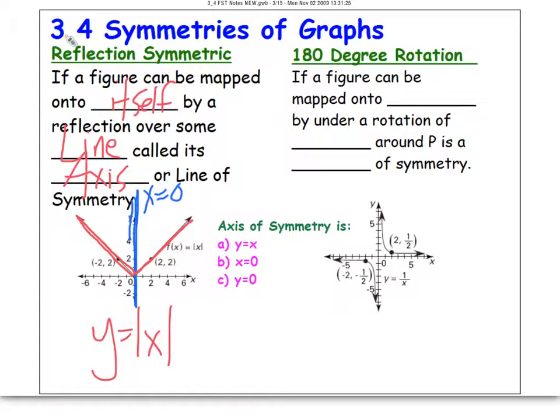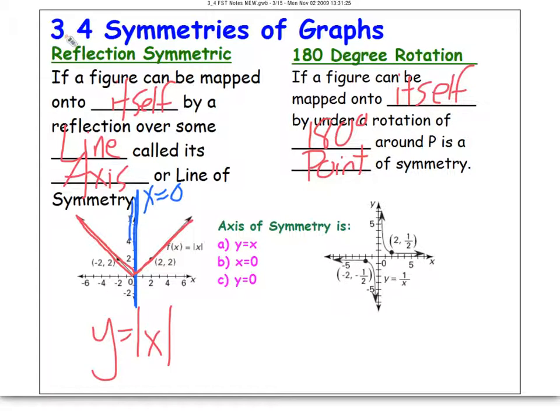Now, rotational symmetry means a figure can be mapped into itself under a rotation of 180 degrees around a particular point, and this is a point of symmetry. So this one you're going to have to imagine a little bit differently.